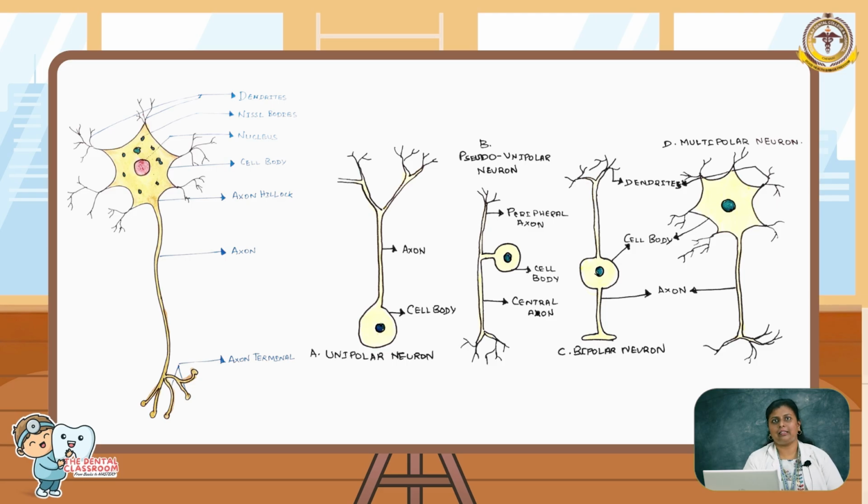So, that is about the functions of the neuron. It carries the sensory information, and it also passes the motor orders from the motor cortex to the target tissues.